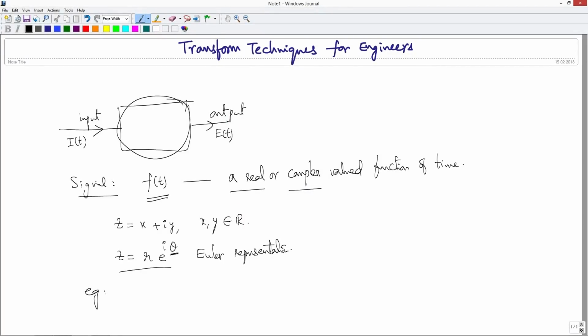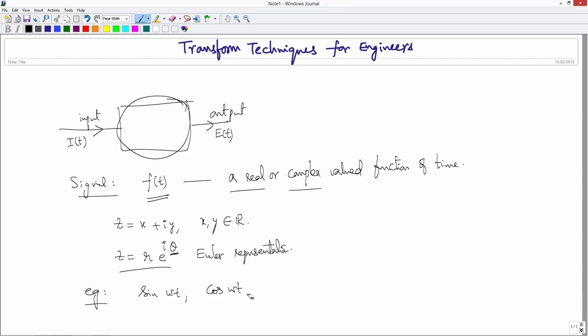Okay. So, we start with the Fourier series. What is a Fourier series? Basically, we deal with this real valued or complex valued function and want to represent it in terms of fundamental signals. What are the fundamental signals? For example, some simple fundamental signals are sin omega t and cos omega t.